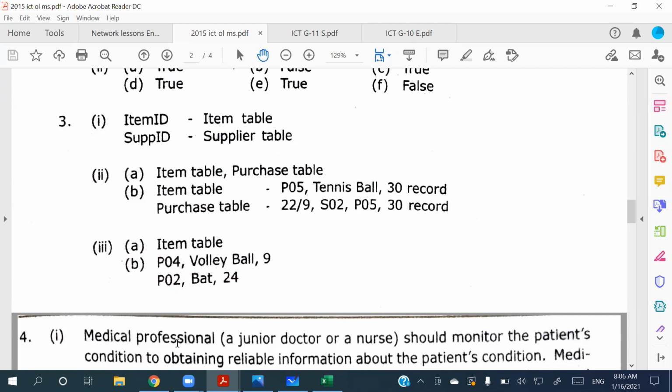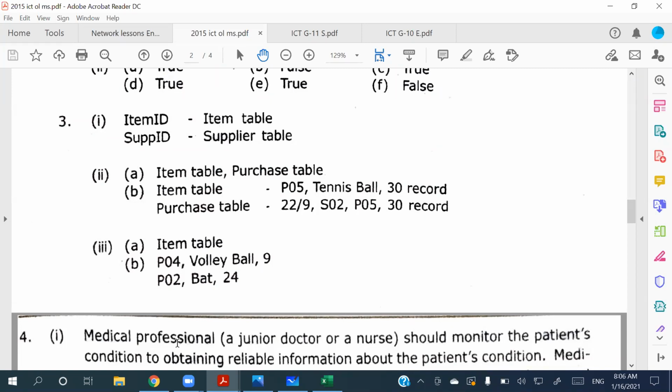Right, so the marks are being categorized. Let's see how it's going to be. Okay, 1, 2, 3, 4, 5, 6. Yes.